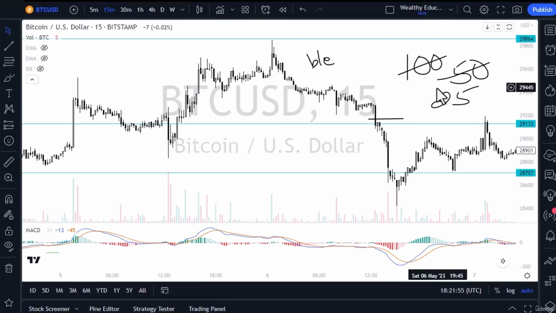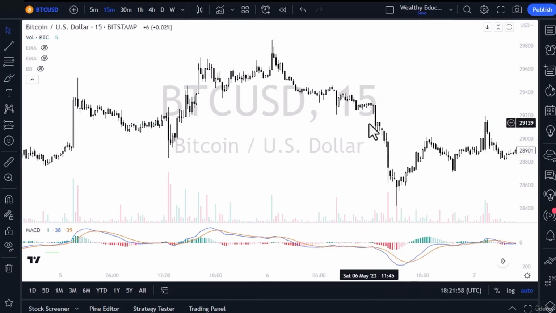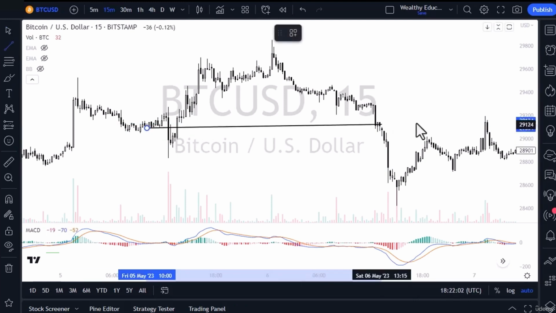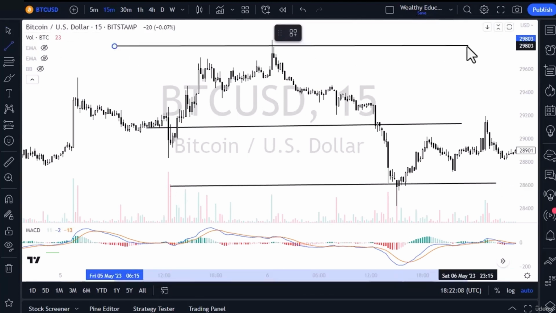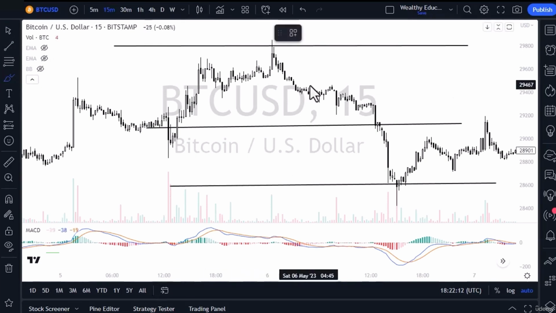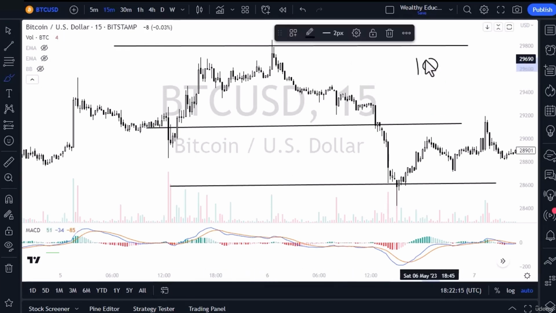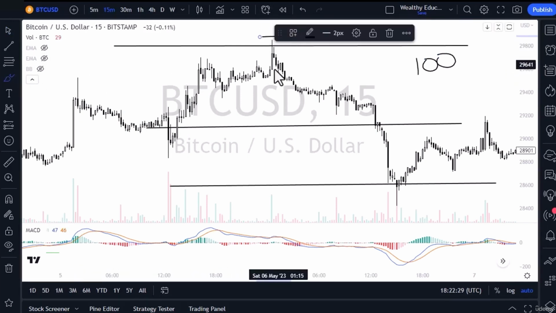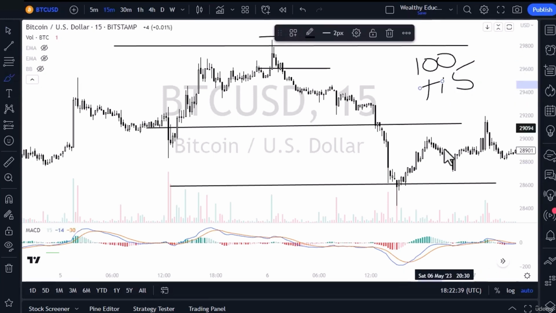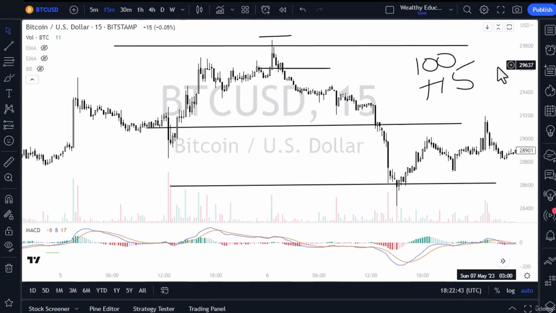However, let me ask you this. So these areas that you're paying attention to, what if instead of doing what we just did and maybe taking a half off there, what if you take your stop loss, move it to break even when you get down here, and then add 15%, whatever.